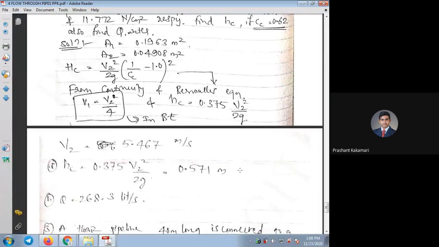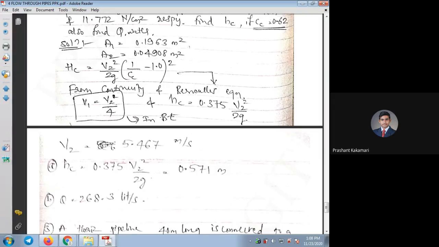So here I don't know V1 or V2. From hc we know this relation now for the given Cc value. Now can anyone tell me how they found out the V2 value? I also don't know the V2 value, but how did they find it when V1 is also not known? Check by any other method.